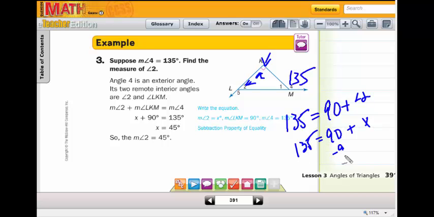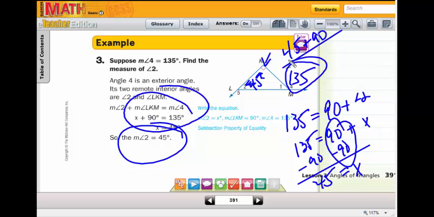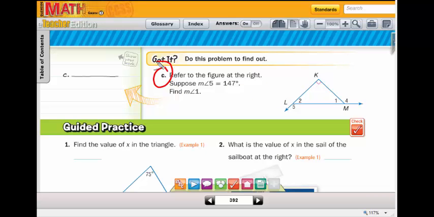We can subtract 90 from both sides, get a zero pair here, and we have x equals 45 degrees. Which is basically what they did here, but I showed a little bit more of the math. So the measure of angle 2 equals 45 degrees. So a quick check, if we put 45 in here, that's 45 plus 90, and yep, that does give us the 135 over here. Please press pause and do letter C.